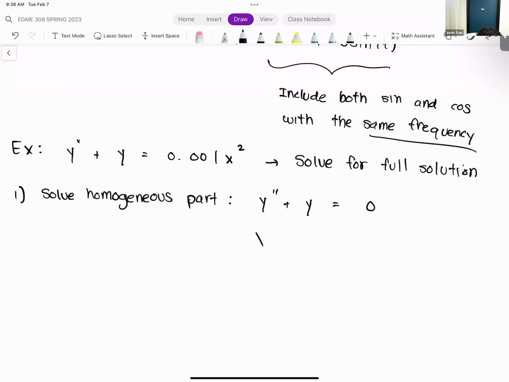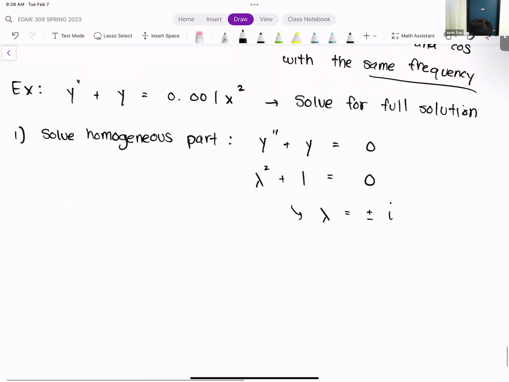We have y double prime plus y equals 0. If we form the characteristic equation, we have lambda squared plus 1 equals 0. Solving for lambda, we take 1 to the other side and take the square root, which is the square root of minus 1, and we know that's i. So lambda is plus or minus i.